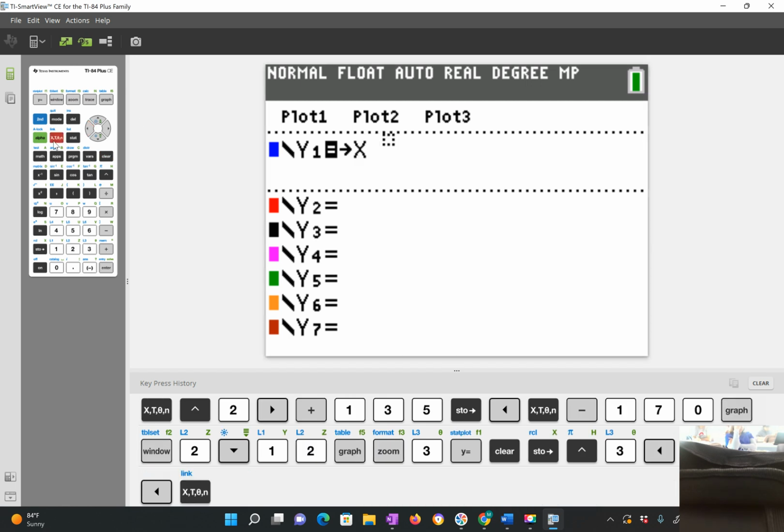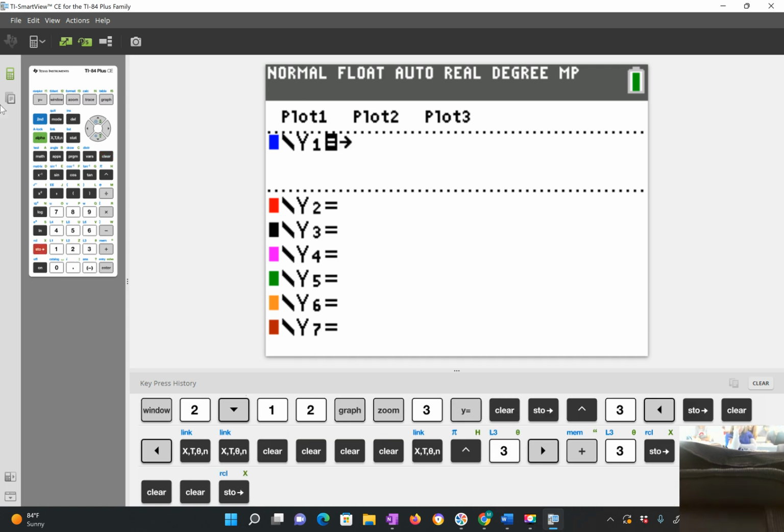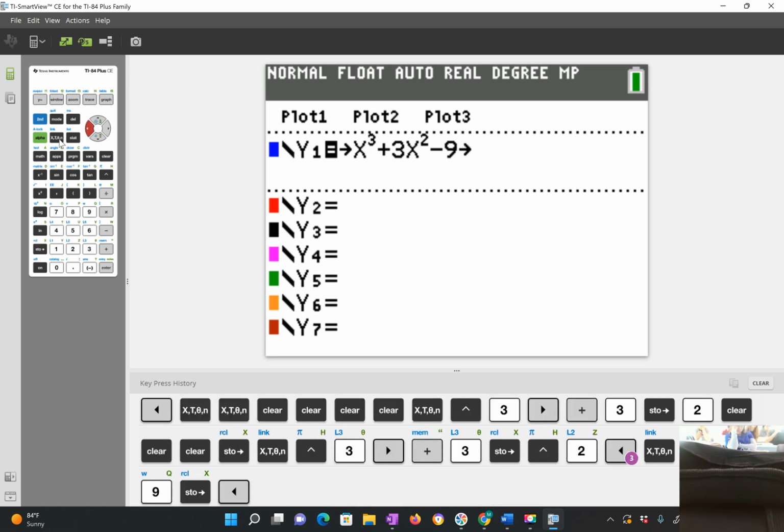So x raised to the third, plus 3x raised to the second, minus 9x minus 7.